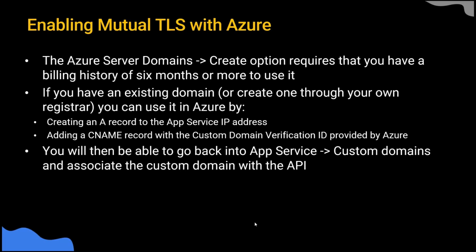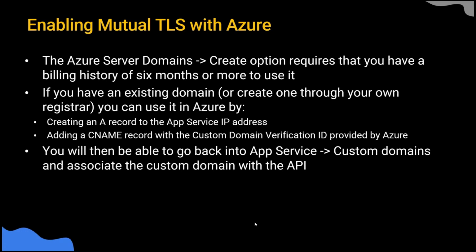If you're going to create a custom domain in the app service in Azure, they require that you have been with them with a billing history of 6 months or more. If not, you're not allowed to use their domain services. So this is where you may be forced to use a third-party domain provider.